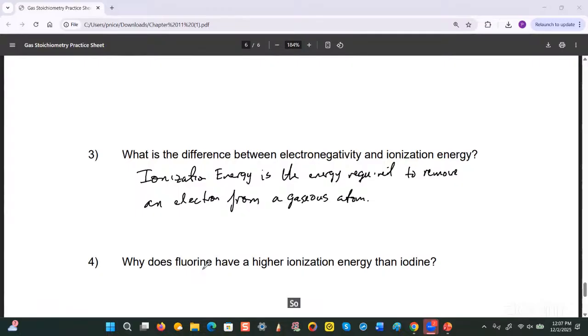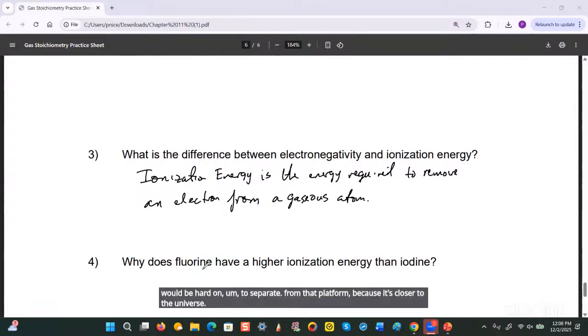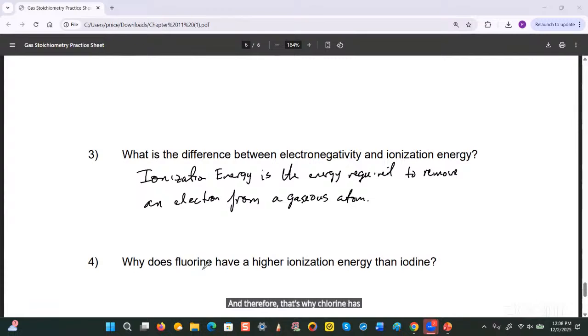So the answer for number 4 is that fluorine is a smaller atom compared to iodine, and therefore the electron to be removed would be harder to separate from that atom because it's closer to the nucleus. And that's why fluorine has a higher ionization energy compared to iodine. All right?